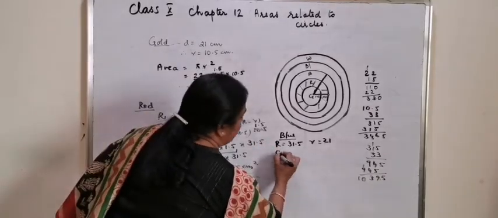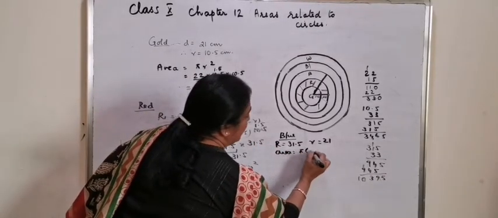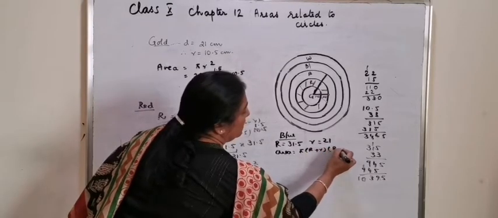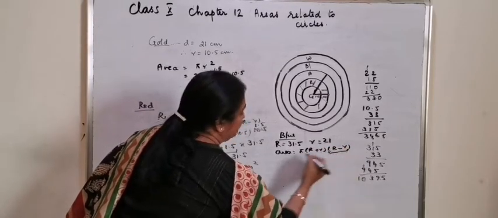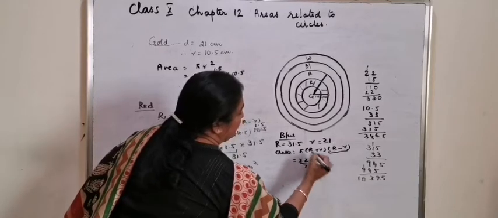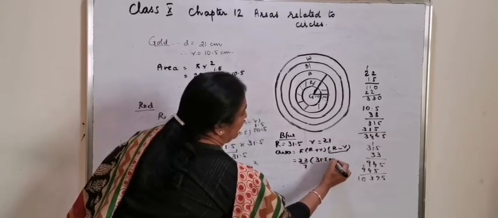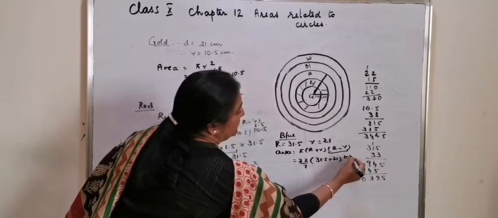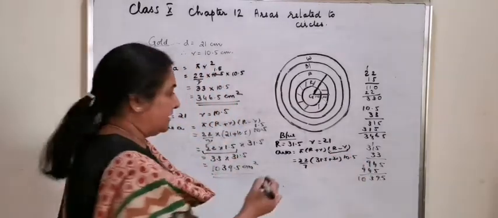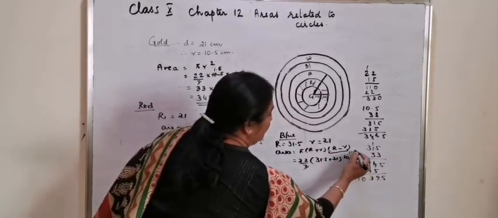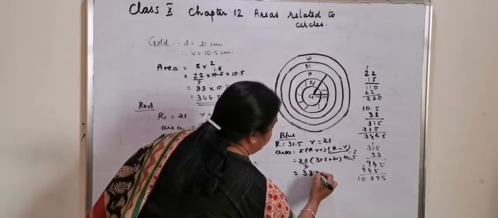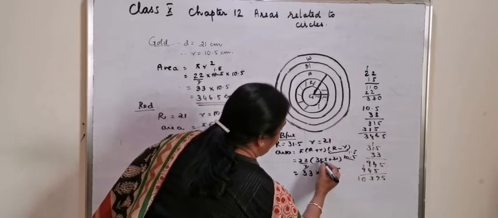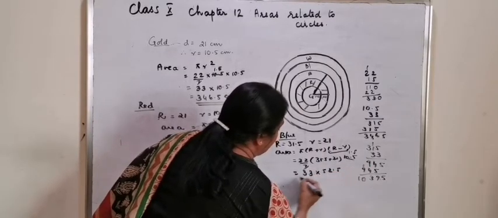So again this area will be pi into R plus r into R minus r, which is 22 by 7 into 31.5 plus 21 into 10.5, which is 33 into 52.5.